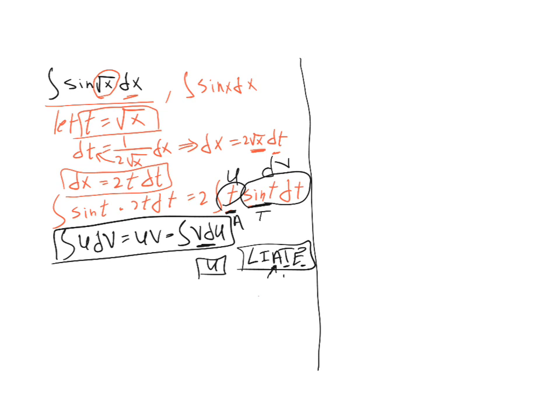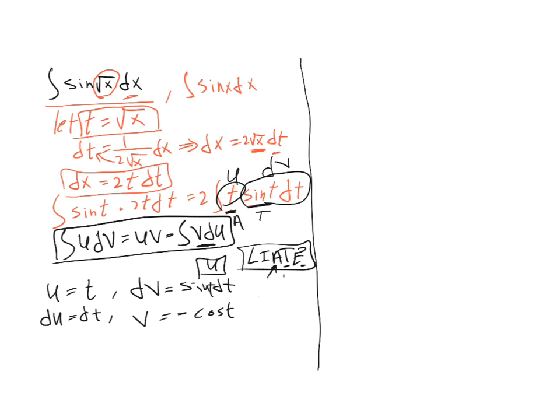So u is equal to t and dv is equal to sine t dt. Differentiate the first one: du is dt. And integrate the second one: integration of dv is just v, and integration of sine t dt is negative cosine t.